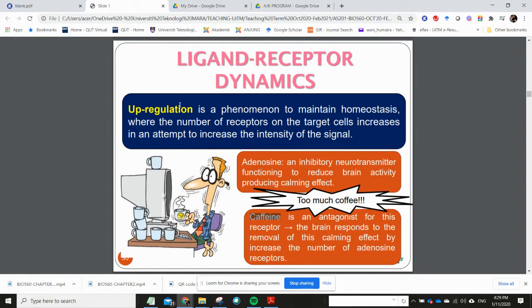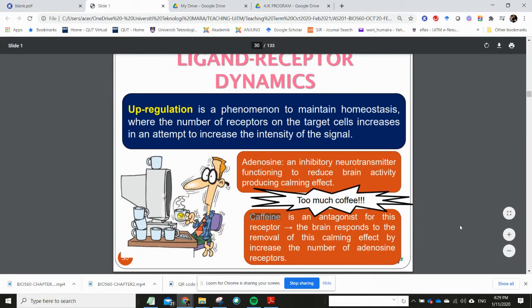So what actually happened is the number of adenosine receptors increased during those 2 weeks, to increase the intensity of the signal. So it keeps increasing. Why?